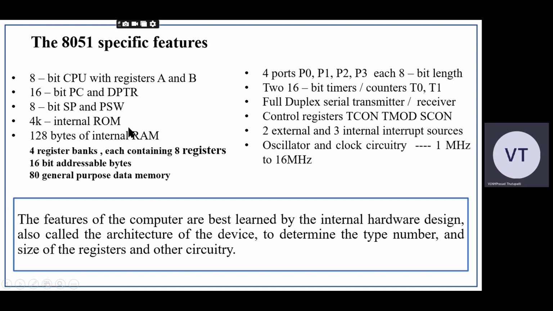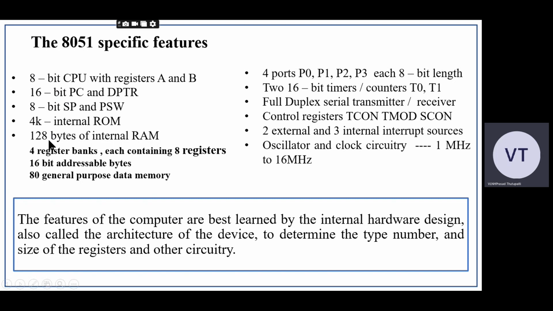The one we are discussing is the 8051 microcontroller with 4 kilobytes of ROM. A few versions may not have this much ROM; 0 kilobytes or 8 kilobytes of ROM are also available. But the one we are considering has 4 kilobytes of internal ROM.